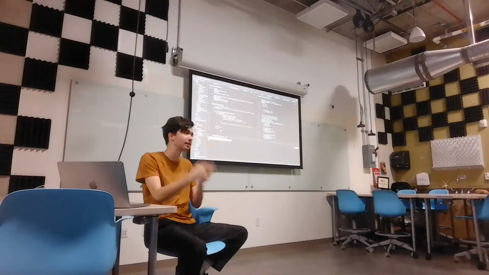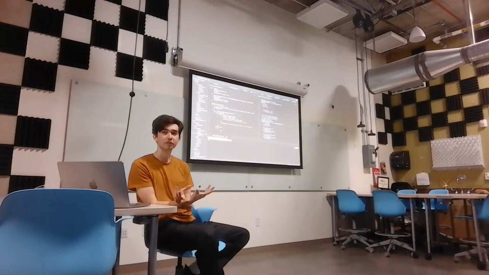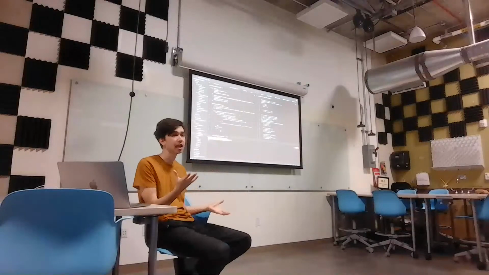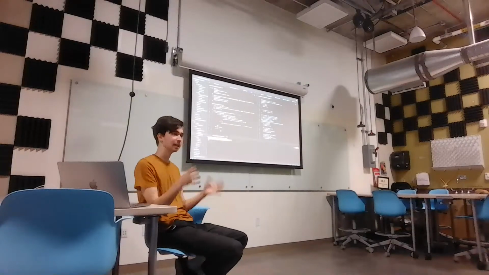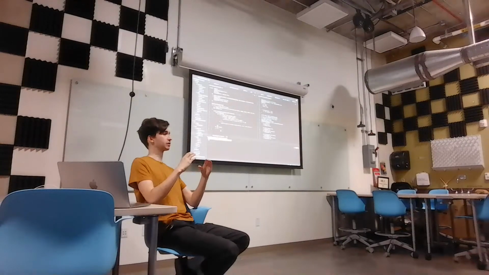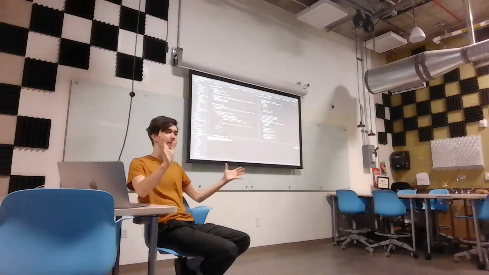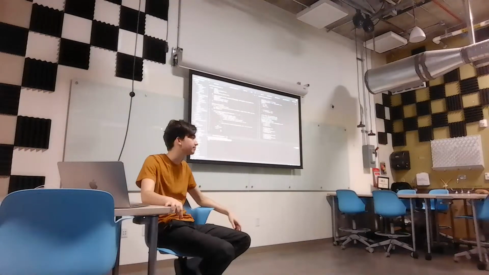The nRF52 is the chip inside of the CPU. The company Nordic that makes that chip has an SDK for using it. And they have this little binary, it's closed source, that does all the Bluetooth stuff. Problem is that the SDK is in C. You know I'm not going to use that.